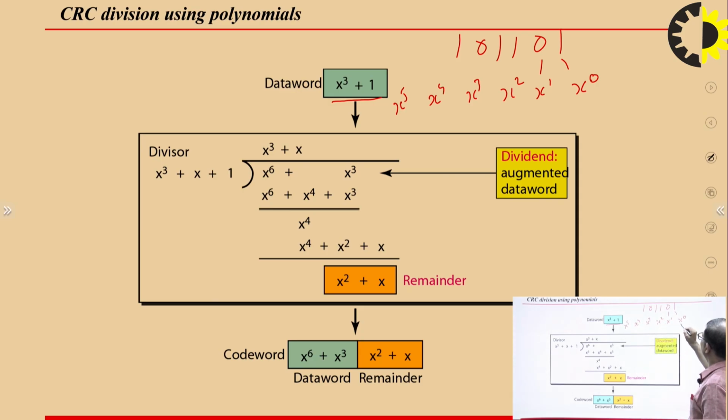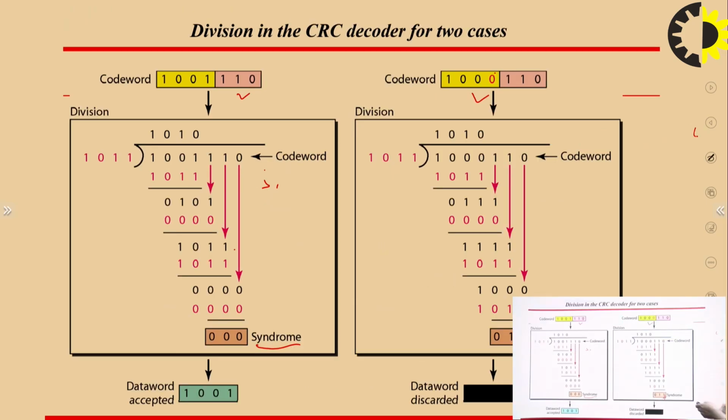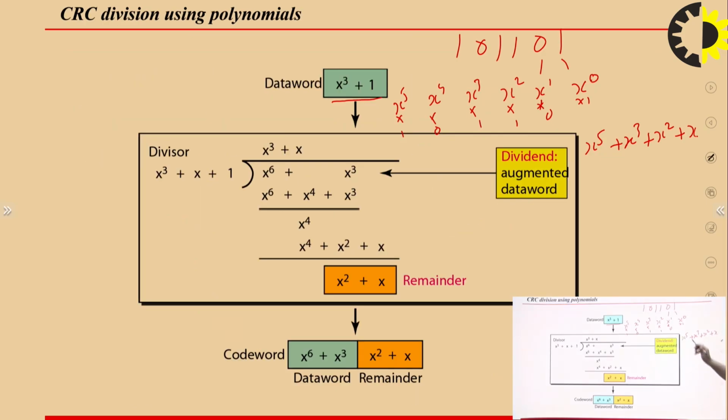This is 1, so it means multiplied by 1. This is multiplied by 0. This is multiplied by 1. This is multiplied by 1. This is multiplied by 0. This is multiplied by 1. So what will we have? x to the power 5 plus x to the power 3 plus x to the power 2 plus x. This is how you can convert your binary into polynomial form.